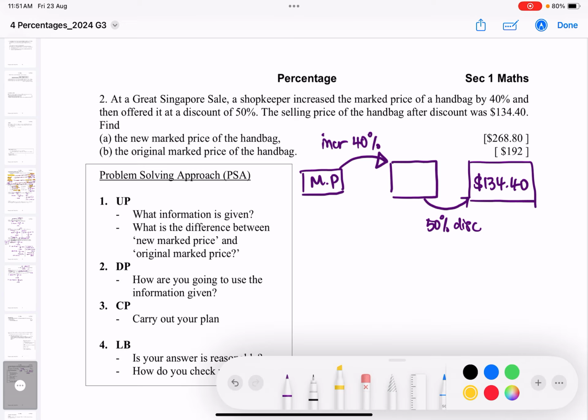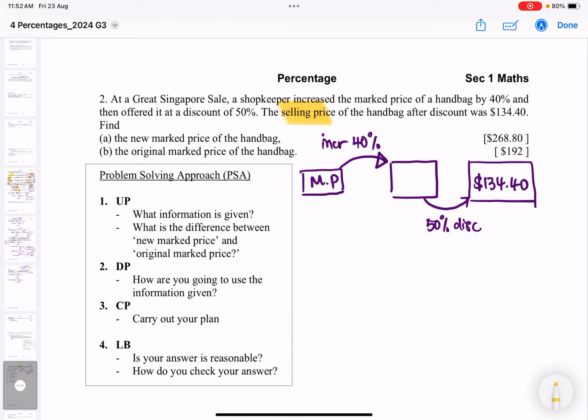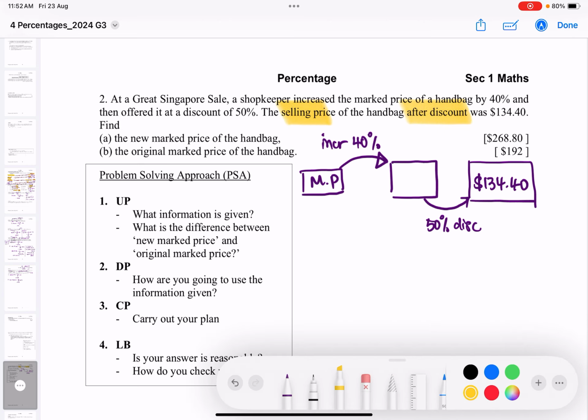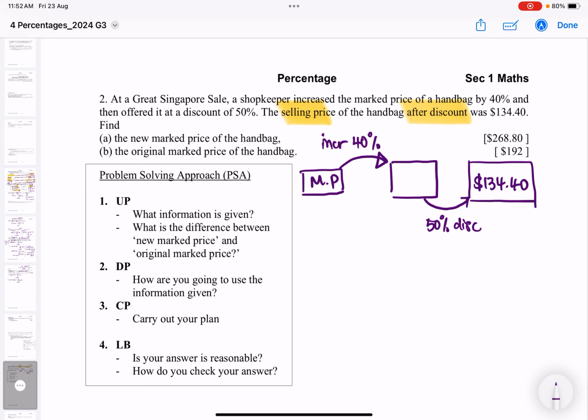Now, can you see that this is the selling price after discount? When we are calculating discount, the 100% will always be the price before discount. See, this was the price before discount. So the 50% discount is calculated on this price, which means the 134.40 must have represented the remaining 50%.